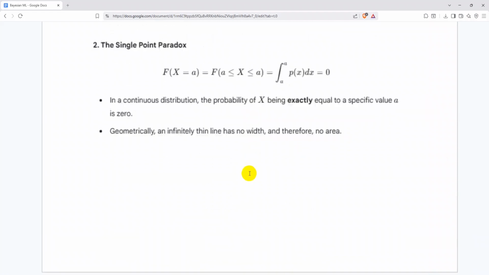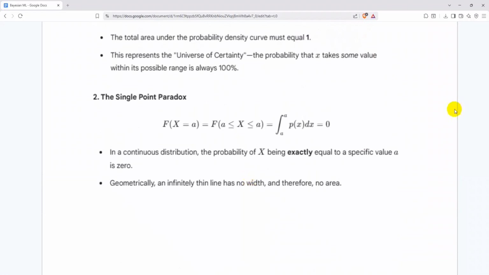And this is why, in practice, we never ask what is the probability that the weight is exactly 0.5. Instead, we ask what is the probability that the weight lies between 0.49 and 0.51, because only a range gives us an area, and area gives us the probability.